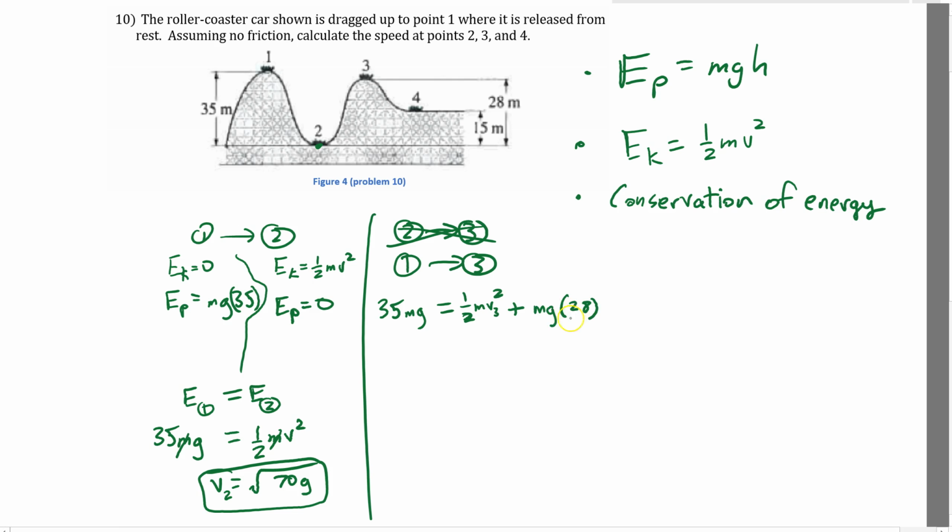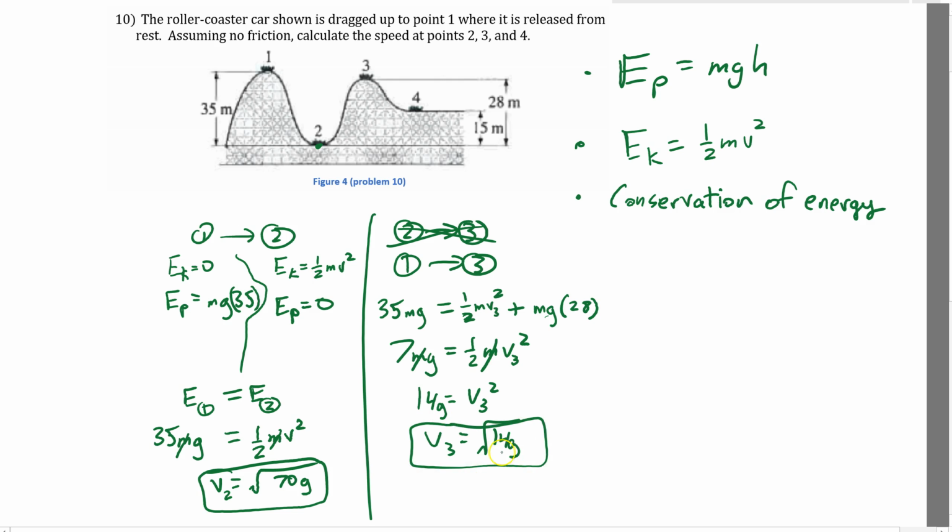If you move this term over to that side by subtracting, these are like terms. So 35 minus 28 is 7 mg equals 1/2 mv3 squared. There's an m in both terms, so that cancels out. Multiply both sides by 2, so you get 14g equals v3 squared. So v3 is the square root of 14g, which it should be slower than at point 2, which it is, so that makes sense.